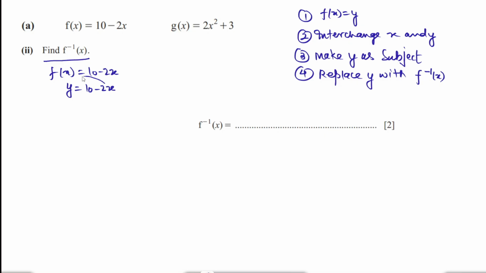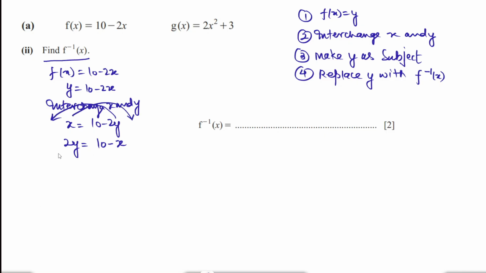So I'll take this -2 to the other side. But before that, we need to interchange x and y. We got x equals 10 minus 2y. Now let us take 2y to the other side. We have positive 2y, 10 minus x. This had been taken here and this had been taken here.